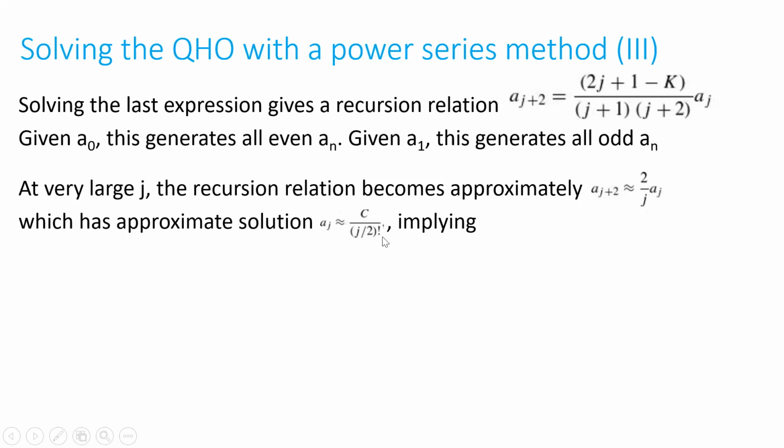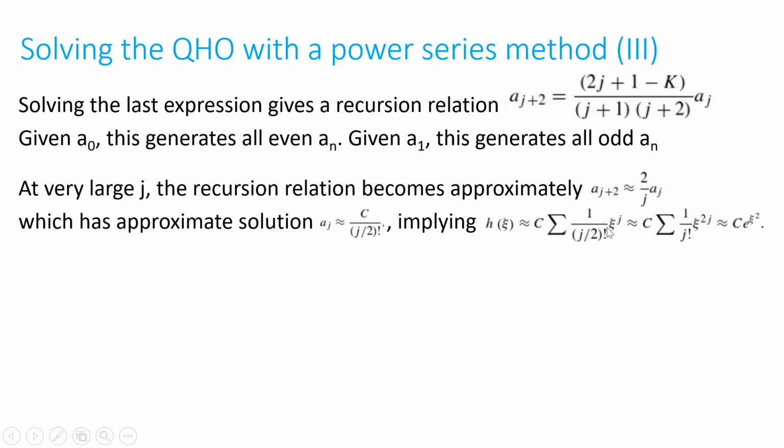With that approximate solution for aj, we get a formula for our polynomial h, which we've been after, that's going to give us the wave function. So h is the sum over j of aj psi to the j. But for large j, that's c over j over 2 factorial.